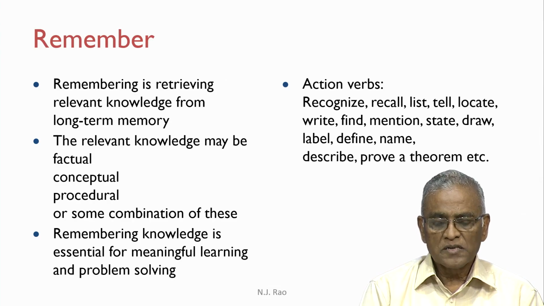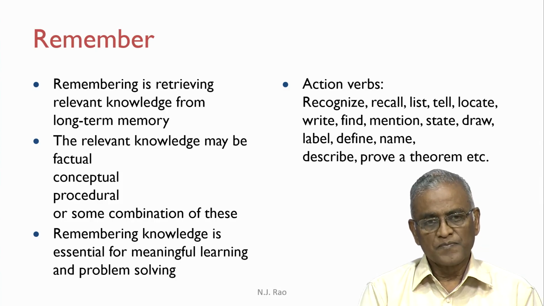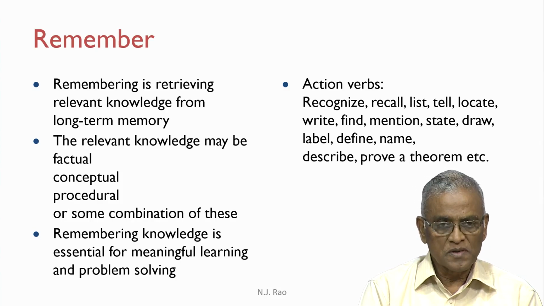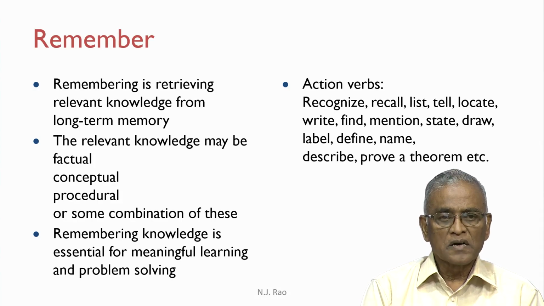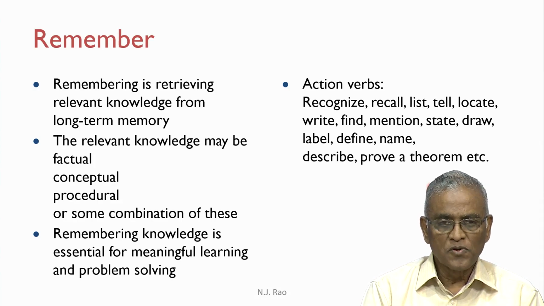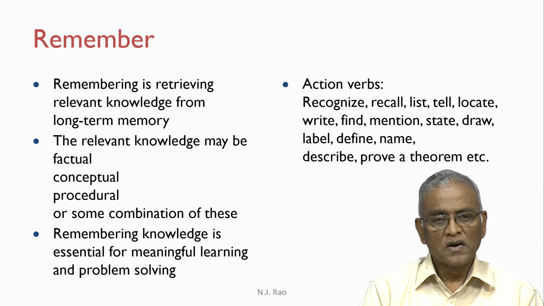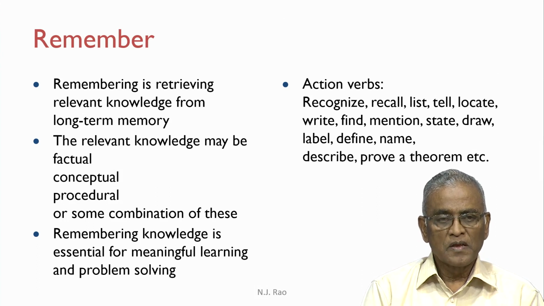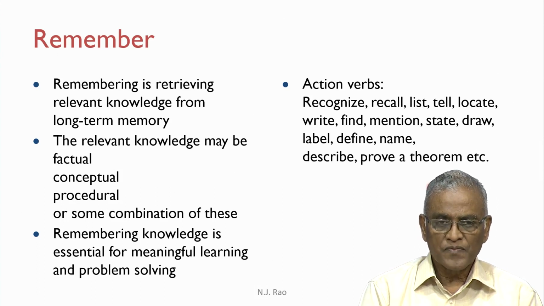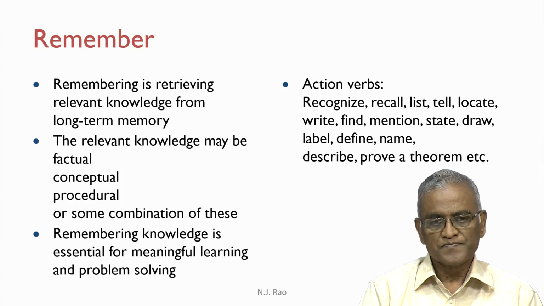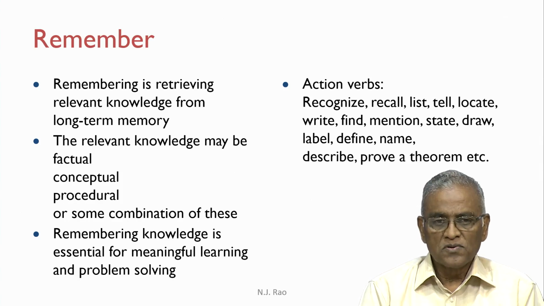The relevant knowledge may be factual, like what is the density of water. You do not want to go and consult a handbook for that factual information. And there should be conceptual knowledge, like what is meant by mass; I am not going to keep consulting for that. I should know that kind of concept. Then procedural knowledge, that is, how do you calculate, how do you multiply, how do you add.